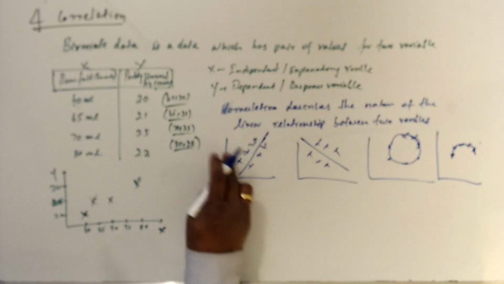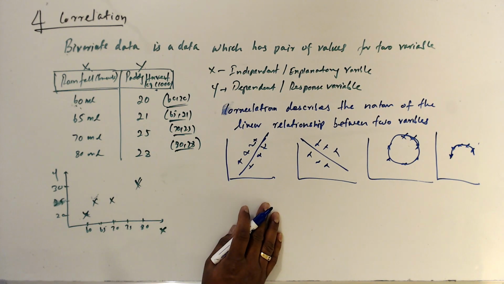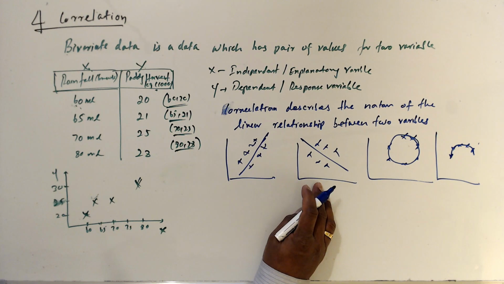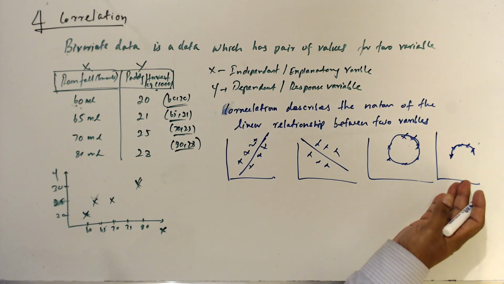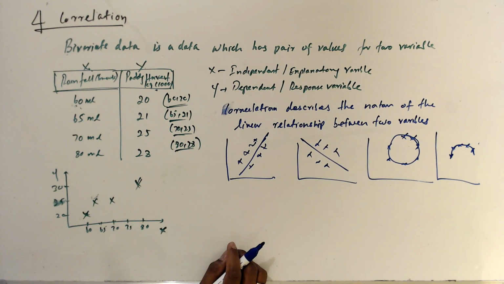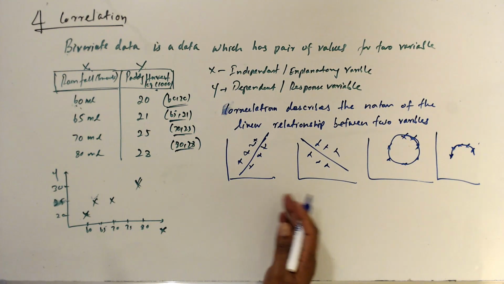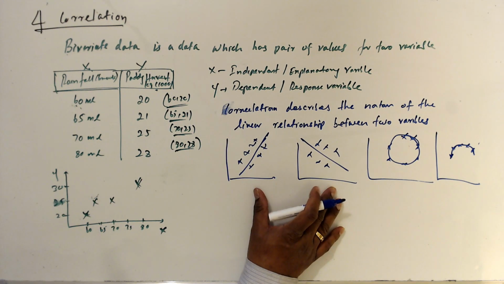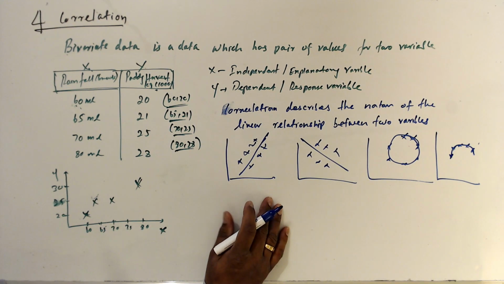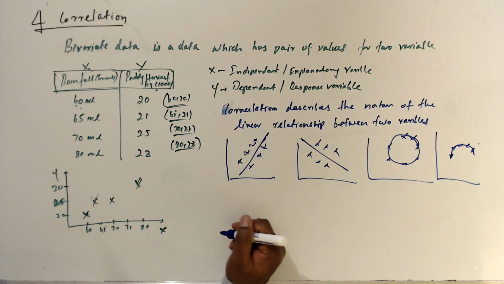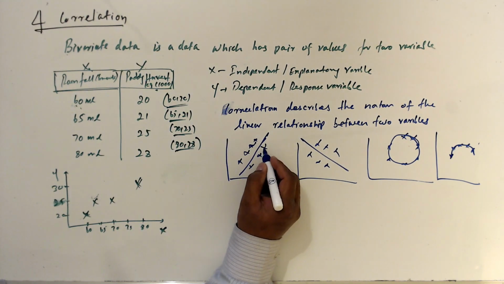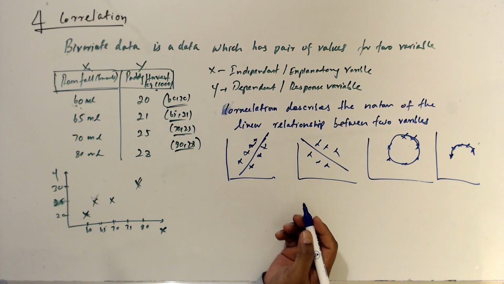In these two, there is a linear relationship, and in these there is no linearity. If there is a linearity, it means this data can be represented by a line instead of all the data.